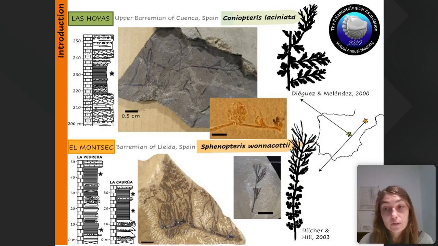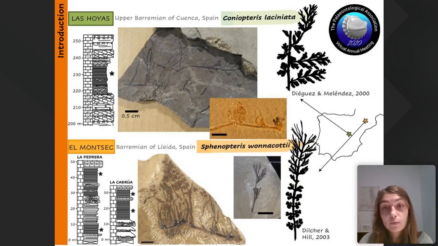We find these 2 Heterophyllous ferns called Goniopteris laciniata and Sphenopteris wanakoti. Both have sphenopteroid pinnules at the bottom of the pinna, as you can see in the silhouettes on the right, and they turn into filiform pinnules at the top.